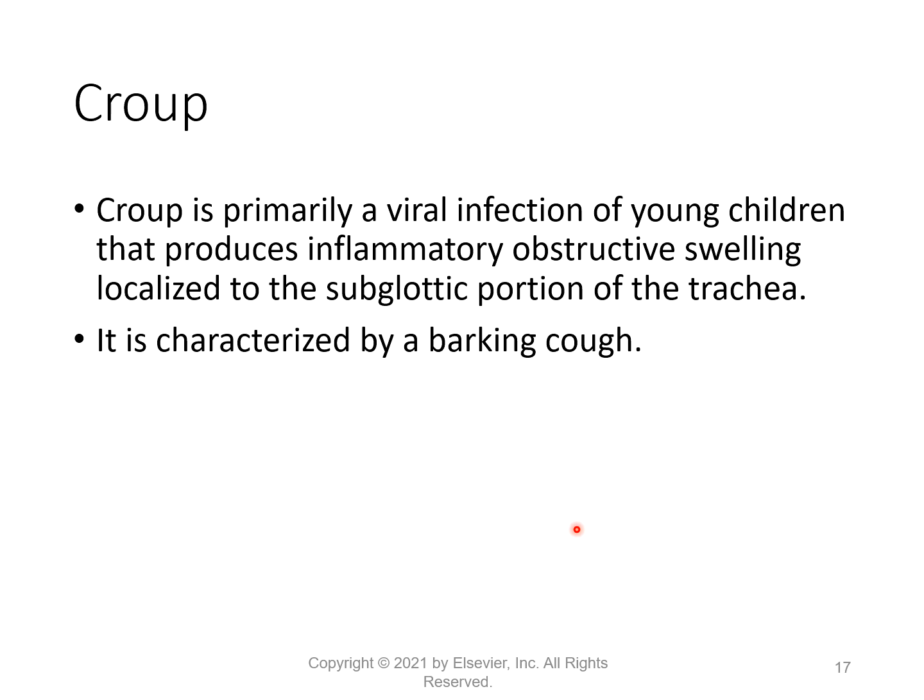So where the trachea should typically be a relatively straight tube, because of swelling in and around that trachea, we'll see a narrowing of that tube. Then when the child coughs and tries to express air, it will make that barking sound.